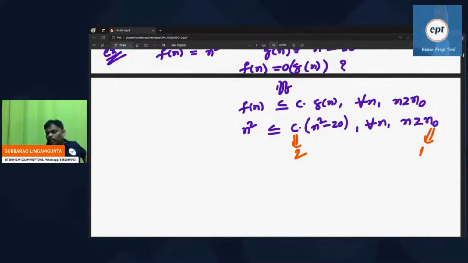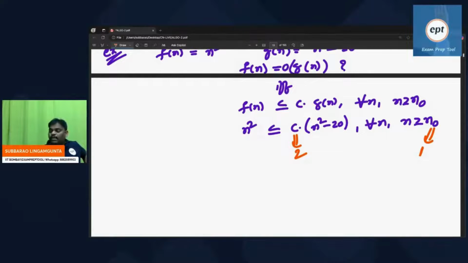If I take n value 2, also negative coming. If I take 3, 3 square is 9, 9 minus 20, also negative coming. I don't want to see negative. If I take 4, also negative. If you take 5, 5 square is 25, 25 minus 20, positive coming.